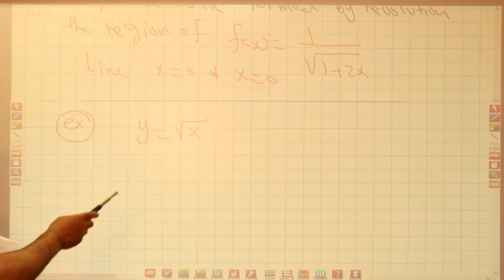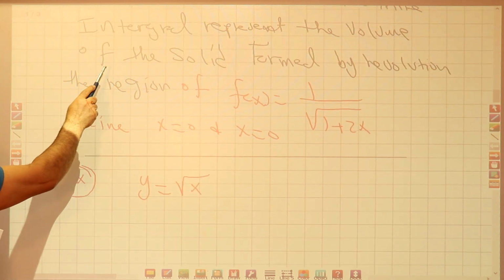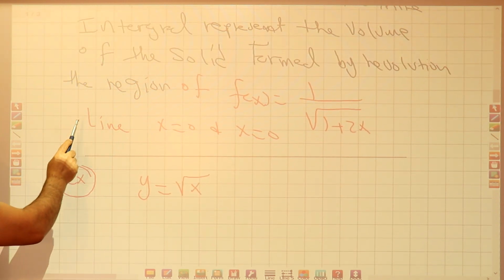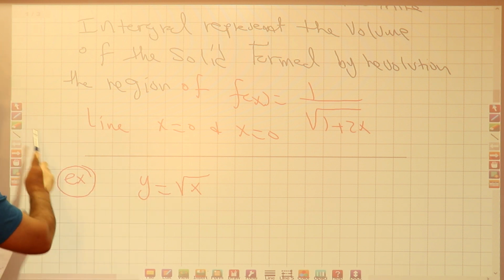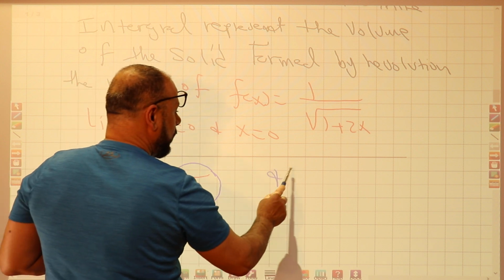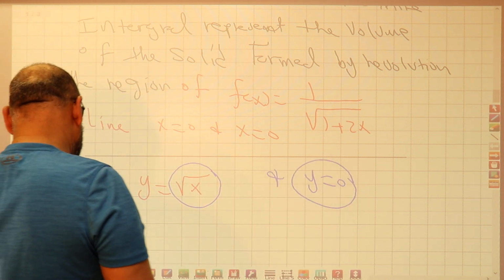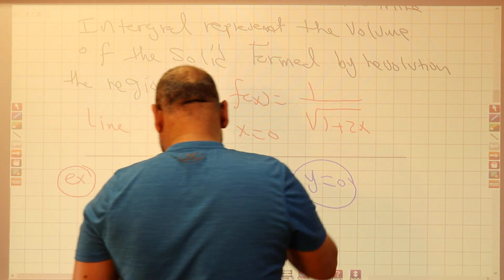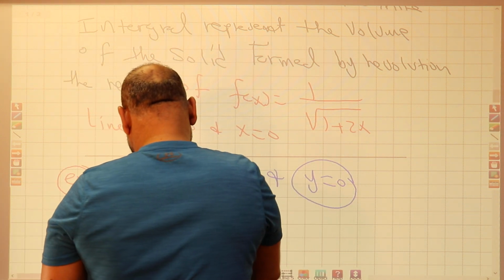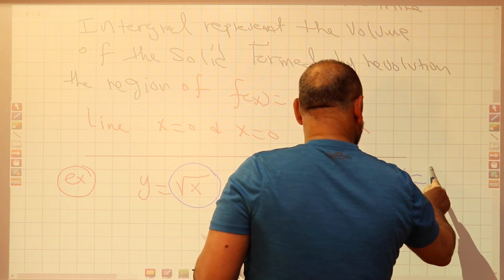I need to find the volume of the solid formed by the function square root of x, y equals 0, which is the x-axis, and x equal 5.